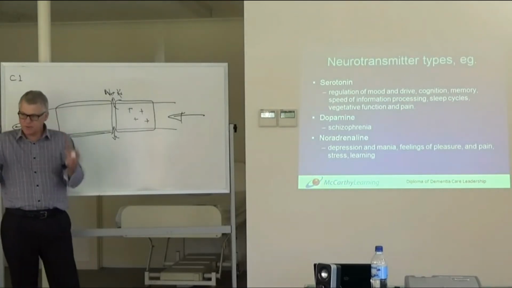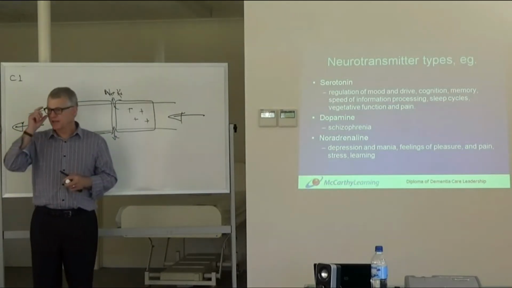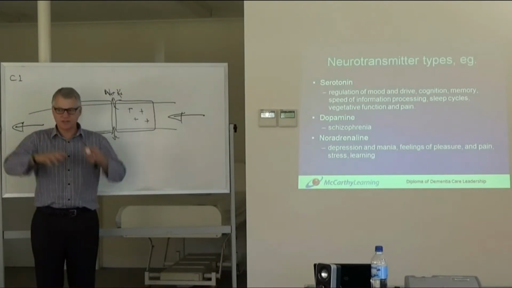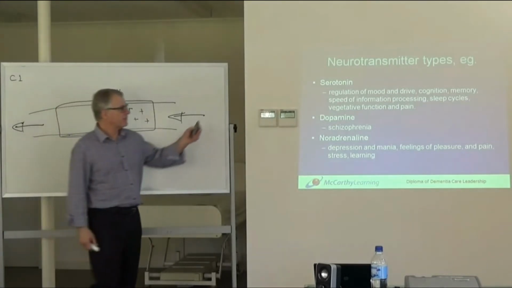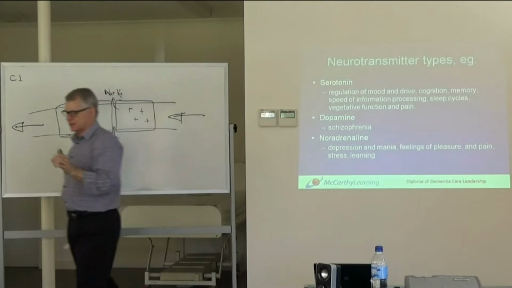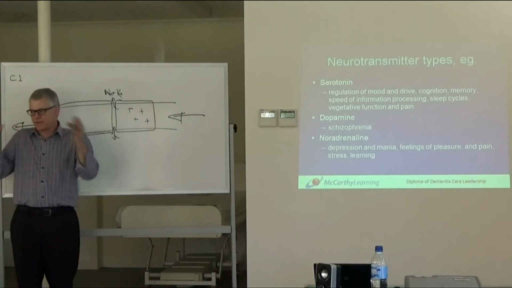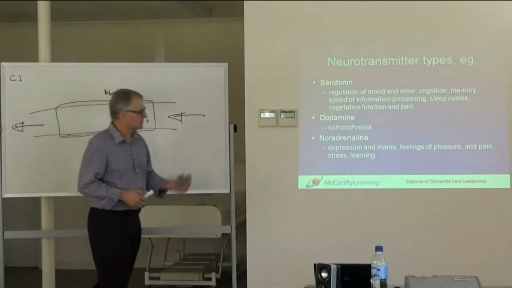The depression experience is often one of not being able to think well or clearly, not being motivated to act, as well as having a low mood. So there's a collection of different symptoms that are associated with the function of serotonin. And this is why depression as a syndrome is not just about depressed mood, it's about all the other things that go with it: difficulty thinking, lack of motivation, etc.